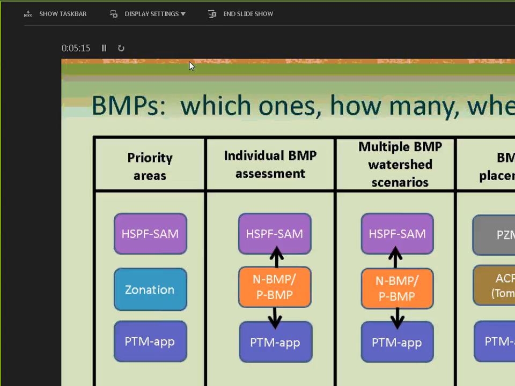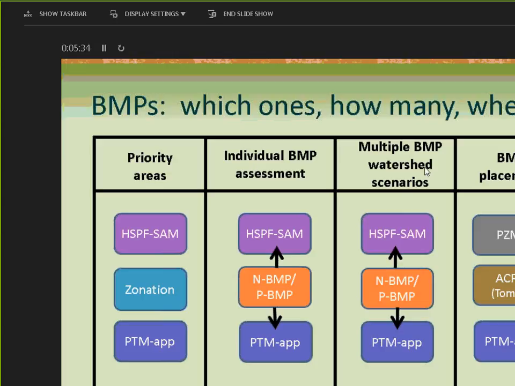So if we look at these different tools, we've got certain tools that are better for identifying priority areas. This is not a comprehensive list, but some of the main ones. We have others that look at individual BMPs, and you can assess how good they might be.